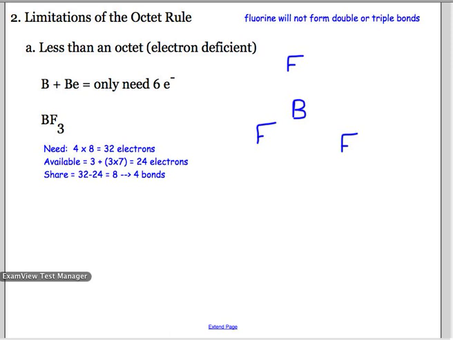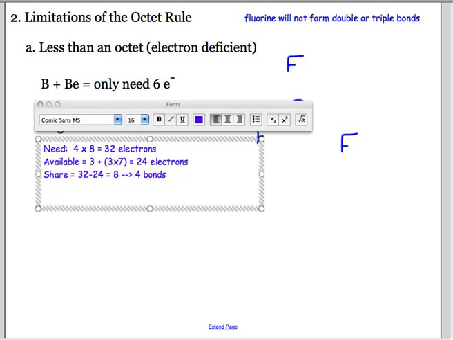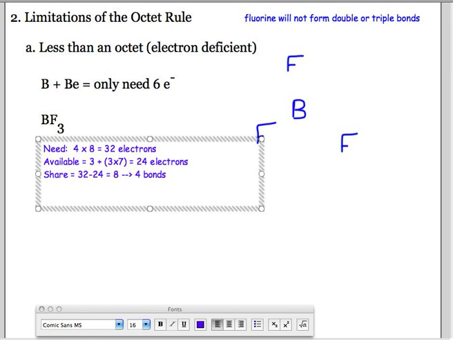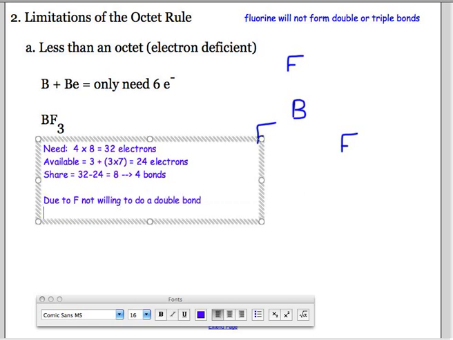So what happens here is you actually need to change this need, available, share. You may want to make a note, but due to fluorine not being willing to do a double bond, boron says, okay, I will not take 8.